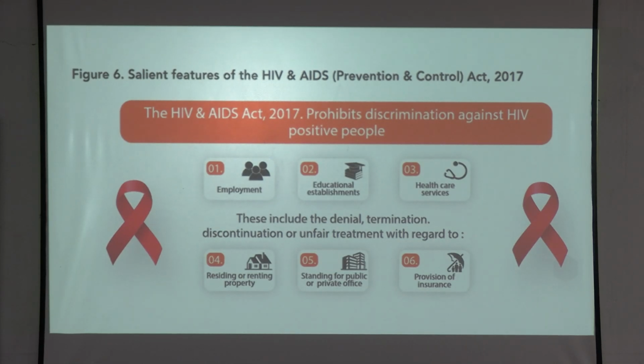We cannot deny them renting a house. We cannot limit their entry to any government or private offices due to their HIV status, and we cannot exclude them from getting health insurance because of their HIV status. But what the interest rate will be is not decided.